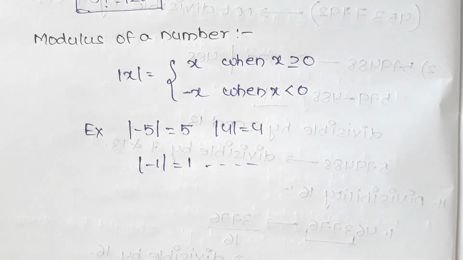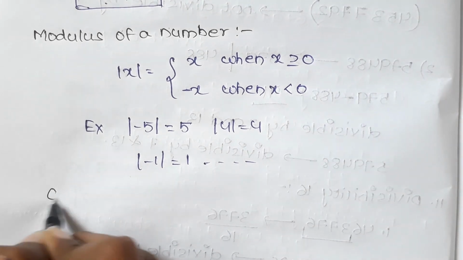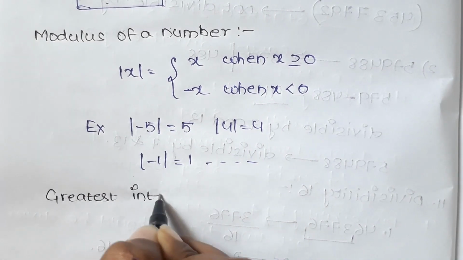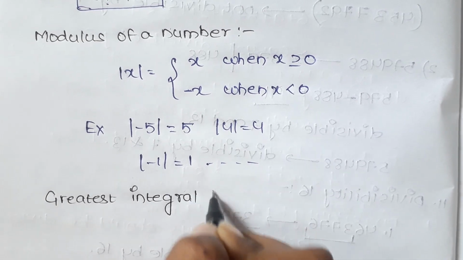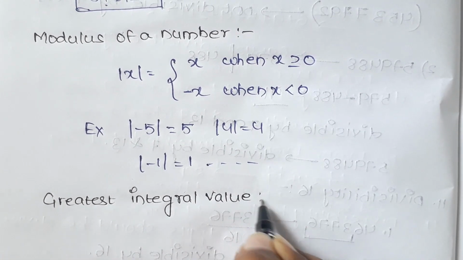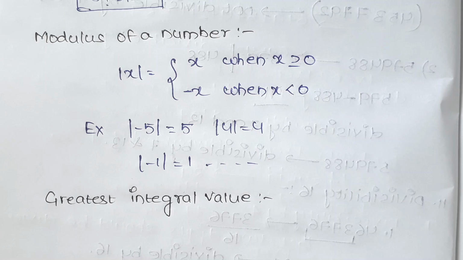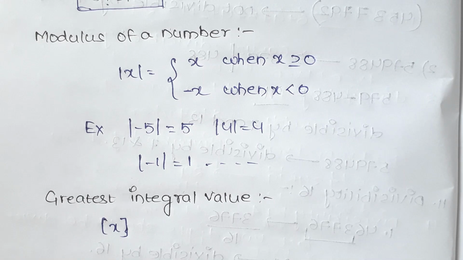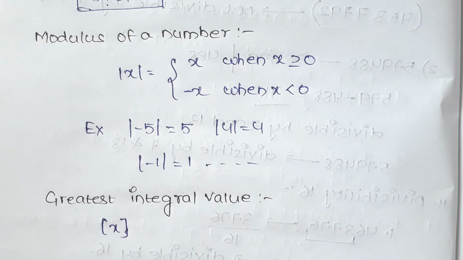And the next one is, let us see, greatest integral value. The greatest integral value of x is denoted by the integral of x, that is, the greatest integer not exceeding x.